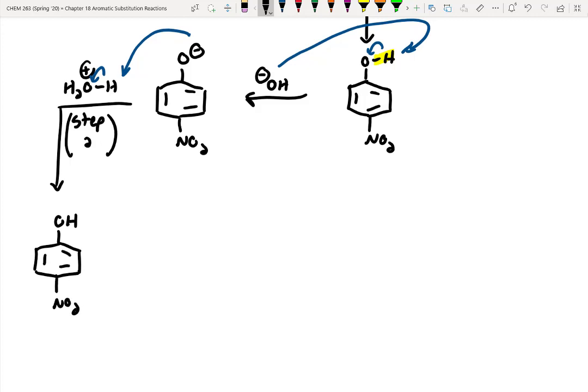All right, so let's just make a list of the key requirements. Number 1 is you must have a leaving group. Typically things like halides or tosylates work well.